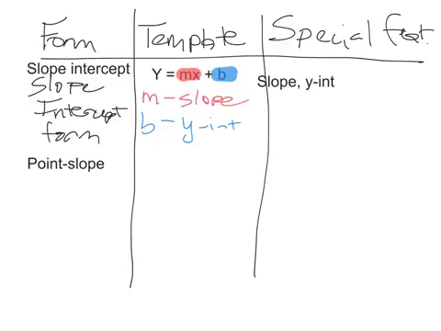Okay, so the template for point-slope form is, oh, hold on, I just got caps lock. Pressing the wrong button. Sorry, you guys, learning a new thing. y minus y1 equals m, open parentheses, x minus x sub 1.